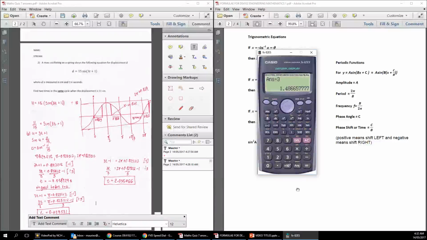and oops, what have I done there? Oh, I think I've subtracted where I should have added. So let's go shift pi times 2 equals plus A minus 1 equals, that's better, divide 3 equals 2.035466.